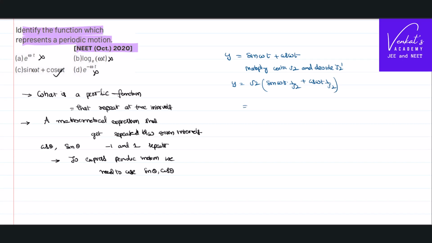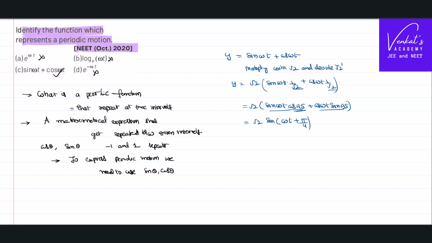So I can rewrite this as √2 sine omega t. 1 by √2 can be written as cos 45, plus cos omega t, and 1 by √2 can be written as sine 45. So this is √2 times sine A cos B plus cos A sine B, which is sine of A plus B. That is omega t plus 45, which in radians is pi by 4.